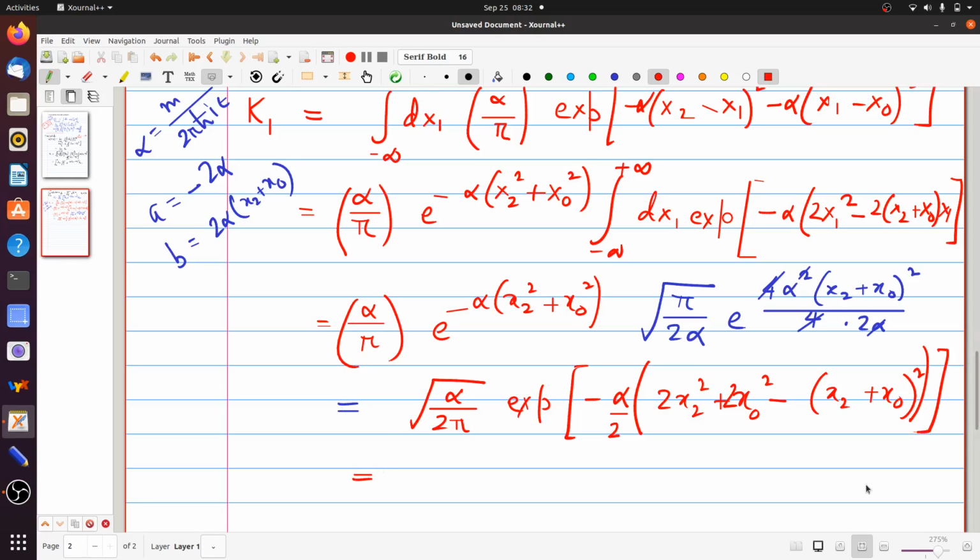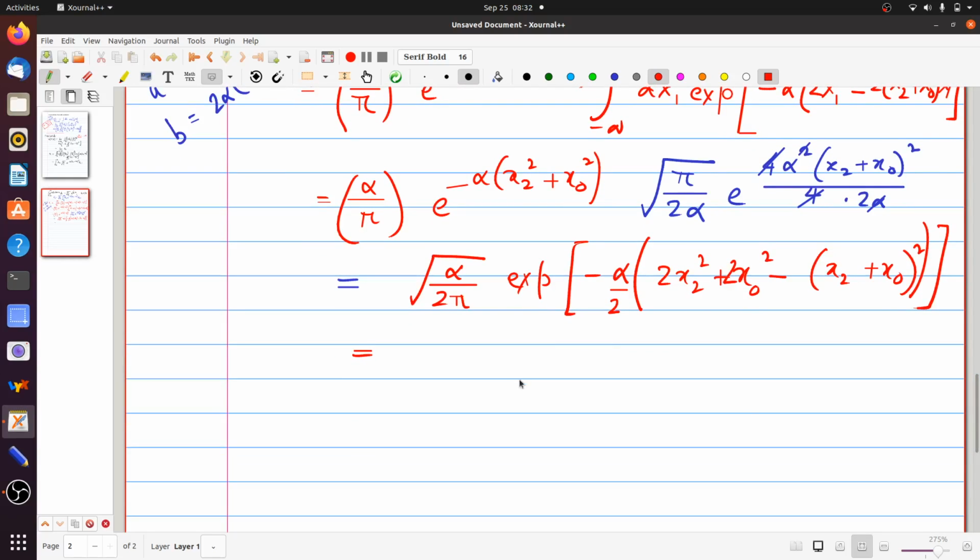And now it's a matter of simple high school algebra to simplify this a bit and end up with root over alpha by 2 pi, exponent minus alpha by 2, and okay, it takes no great genius to work this out. This simply is (x2 minus x0) whole square.